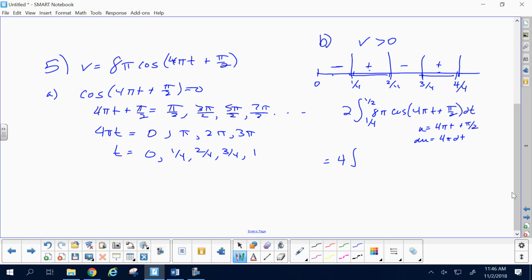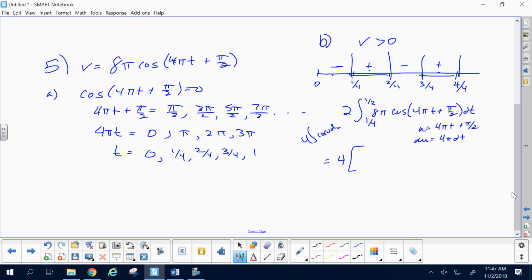Then in my mind it would be 4 cosine u du. You follow? If I made that substitution. All right. Now, by doing that mentally, then I have to change the limits and all that stuff. You could do this and actually use some of it. That's fine. I just am in the habit of trying to do it a little more mentally.